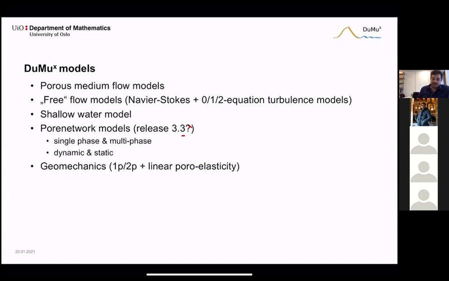And there's mechanics solvers that solve in a coupled way also the mechanical deformation of the solid matrix of a porous medium. So we can couple all of these individual models together in a framework which we called multi-domain.